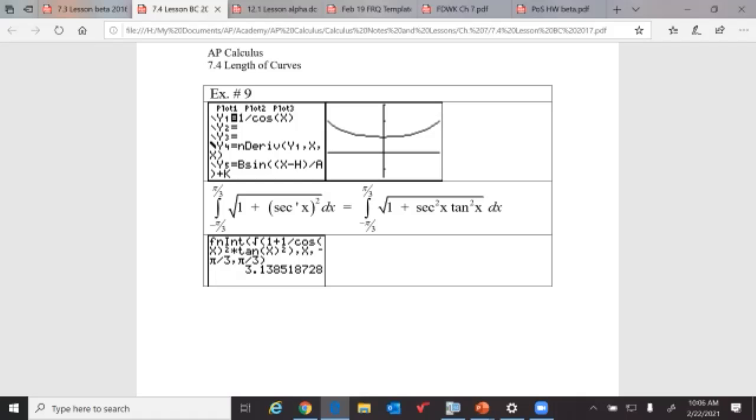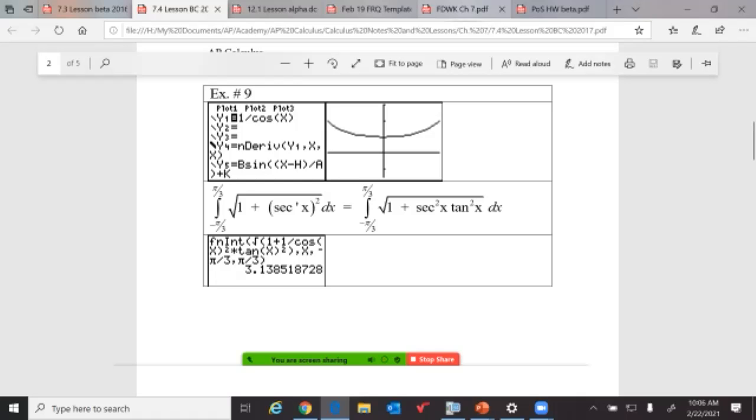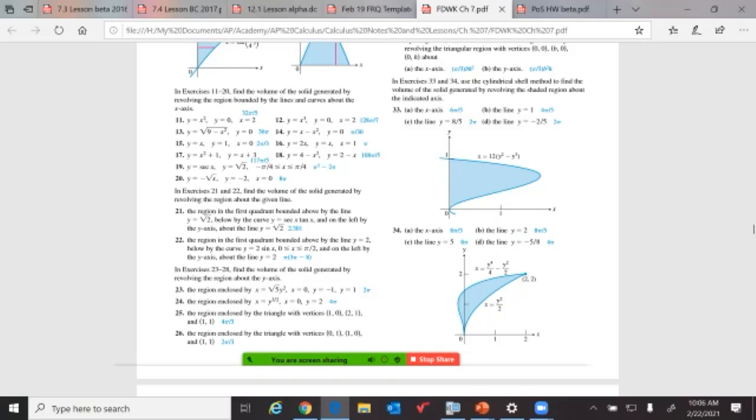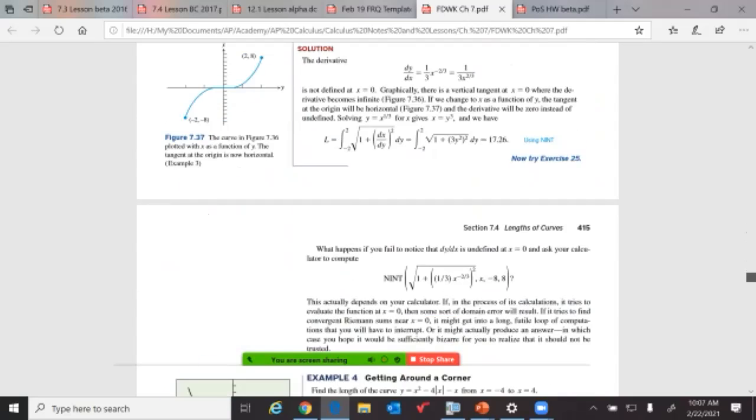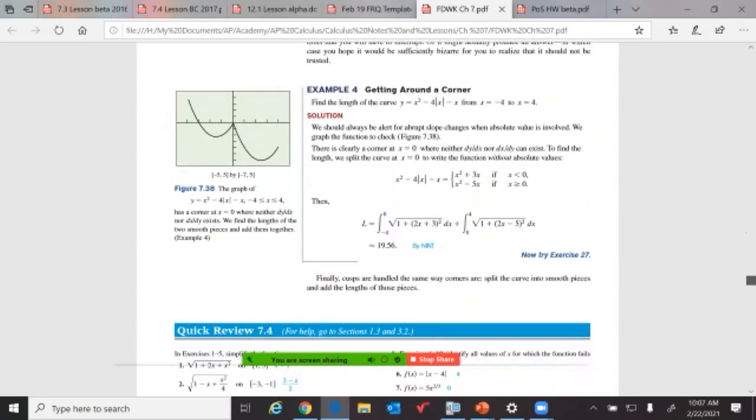All right, so we're going to move on to example 4. Look at what you have in example 4. You have this absolute value in there, and you're going from -4 to 4.